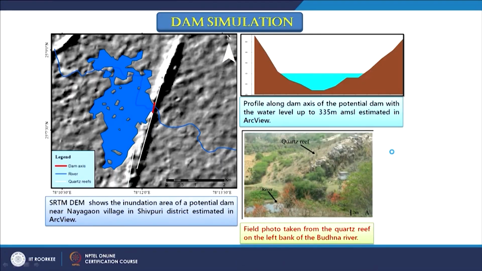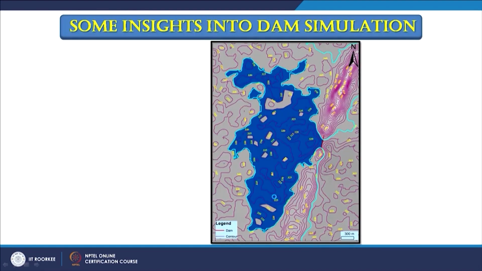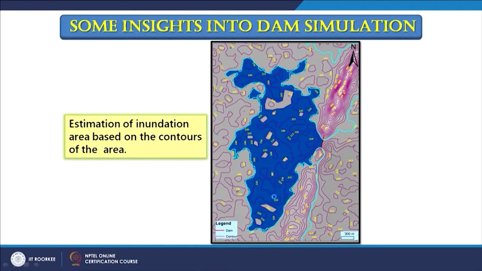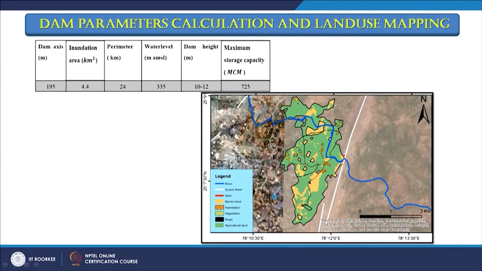This is how it looks more closely on the ground: this is the water you are seeing here, the river, and this is how the quartz reefs look. You can also do a land use analysis, to see which type of lands will get inundated if a reservoir is constructed. All things are modeled.